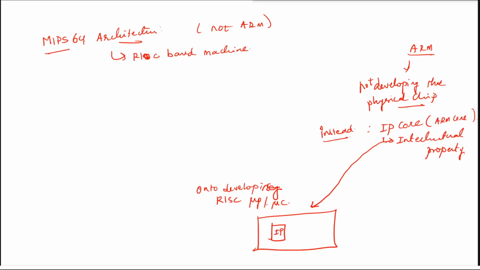Whatever external devices they need, D2, D3, D4, they will interface them and deliver the product. This is what happens with ARM. Understood? ARM gives only the intellectual property core, and the manufacturers who develop the physical chip get the core, fix up whatever their requirement is, and deliver.